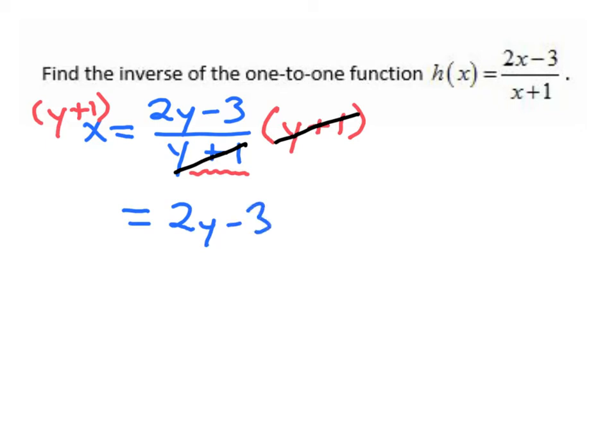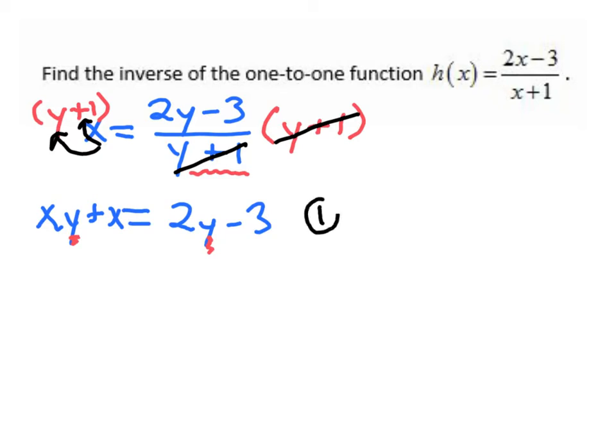On the left side, I'm going to multiply this out. So I'm going to distribute the x here to both parts of this expression so that the left side becomes xy plus 1 times x, so x. Now again, the goal is to isolate the y's here. So in general, when you're trying to solve for a variable that appears in the equation more than once, this is what you should do.